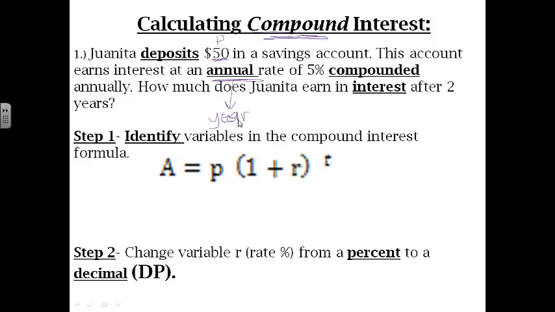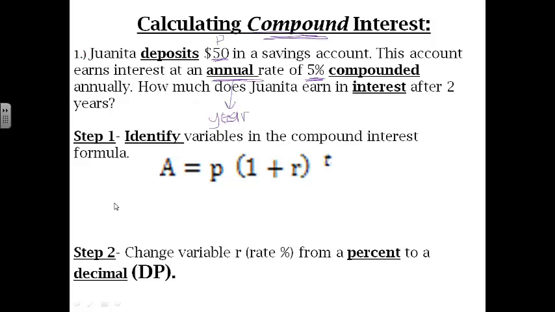Okay, so at a yearly rate of 5% compounded annually. Whenever you have a compound interest problem, most of the time it says the rate is compounded annually. So that's a clue that you're doing a compound interest problem. Okay, so how much does Juanita earn in interest after 2 years?